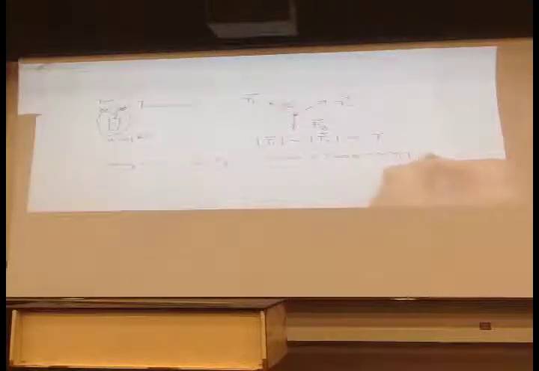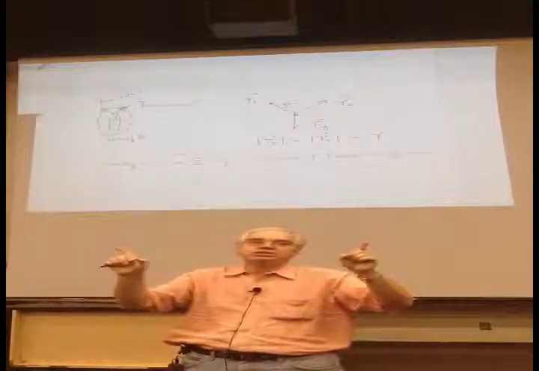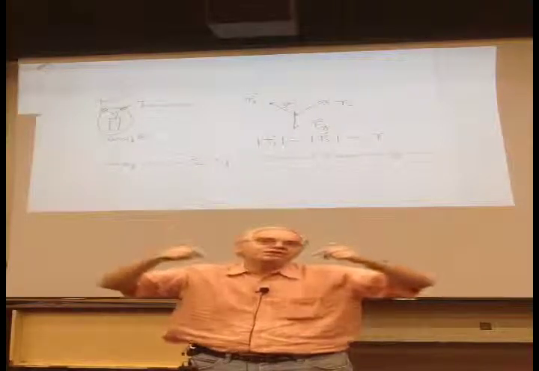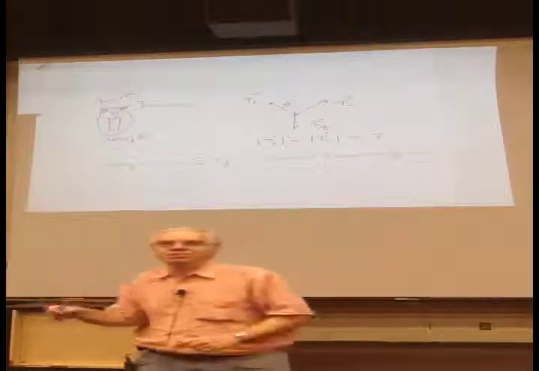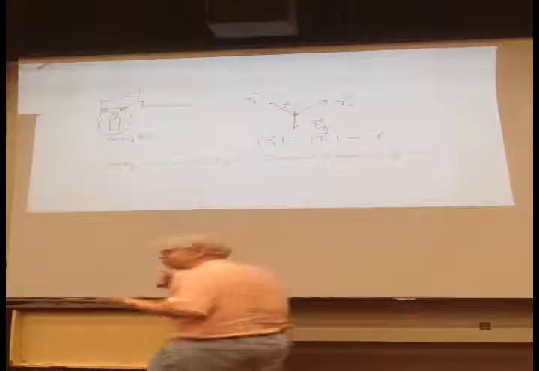That has to be equal to 0. If we had not assumed that the magnitudes were the same, we would have had to write an equation for the x direction. And then we had two equations, and we solve them, and we find that the two tensions are the same. But because we made this assumption, because we are smart, we just simplify it.